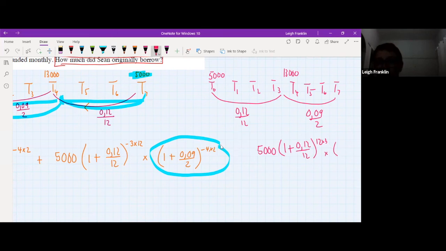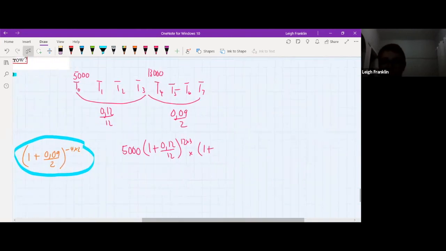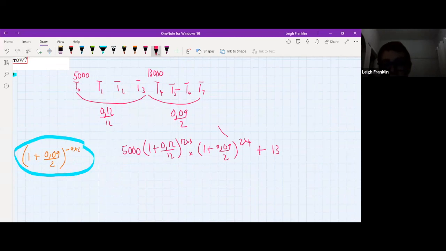Then you would multiply it by 1 plus 0.09 over 2, to the power 2 times 4, plus the 13,000 times 1 plus 0.09 over 2, to the power 2 times 4. You would get exactly the same answer. Does that make sense to you?